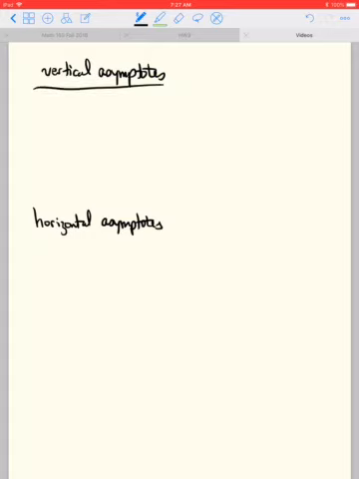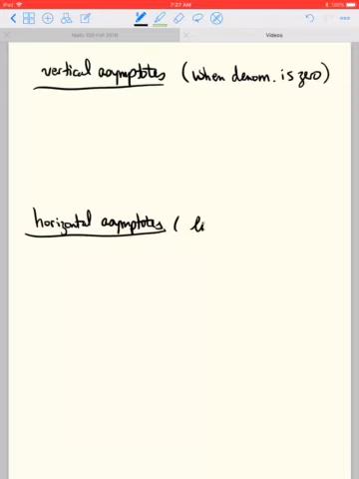Basically, vertical asymptotes are going to be when the denominator is 0, and horizontal asymptotes are going to be related to computing the limit as we go to infinity of our function.